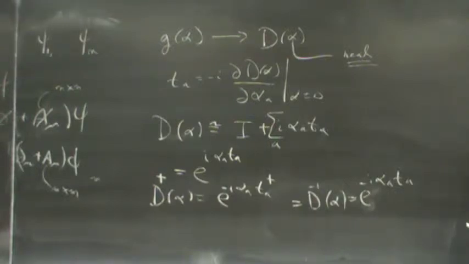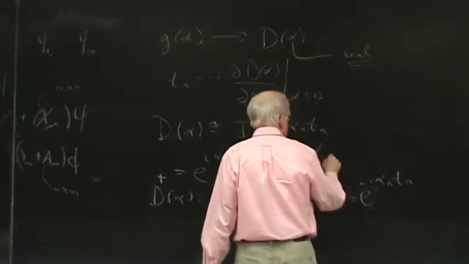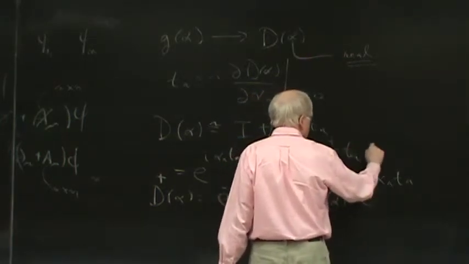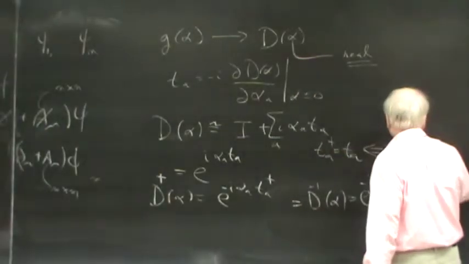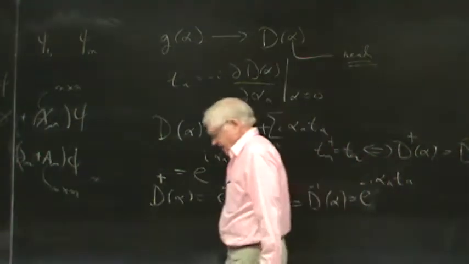Okay, so if the representation is unitary, then the generators have to be Hermitian. So T_A dagger equals T_A is equivalent to D of alpha dagger equals D inverse.